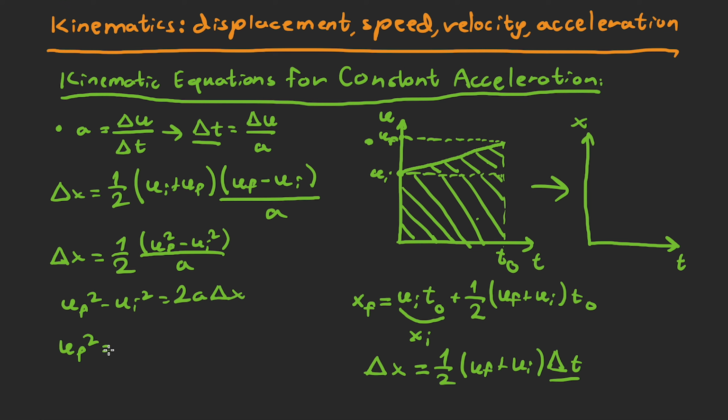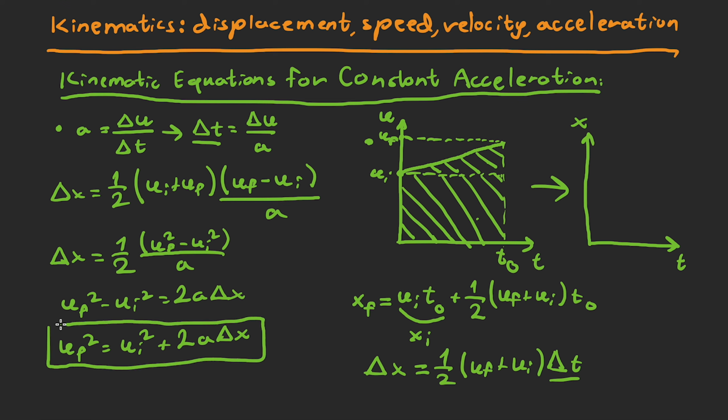And this gives us our resulting equation. V final squared equals v initial squared plus 2 times the acceleration times the displacement. This equation is handy in some situations because you don't have to account for time.